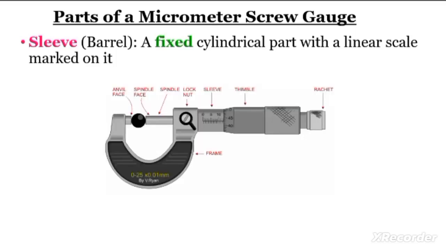So where can we find the sleeve? So the sleeve is here. So this is the sleeve. So this is where we can get the main scale or the main reading. Okay, so the sleeve scale is also called the main scale. So this is the sleeve.